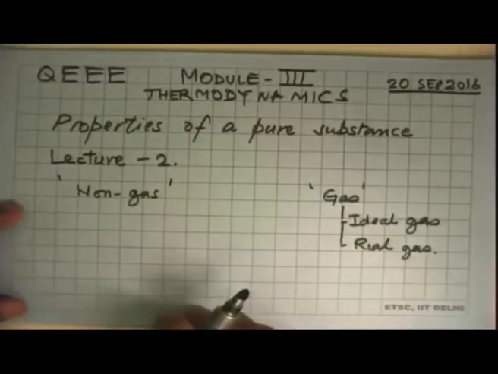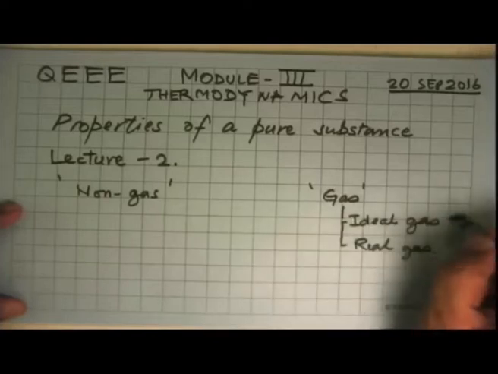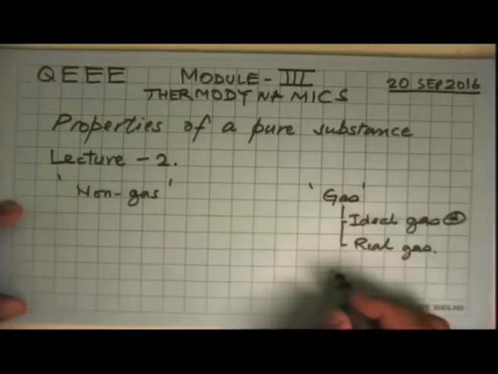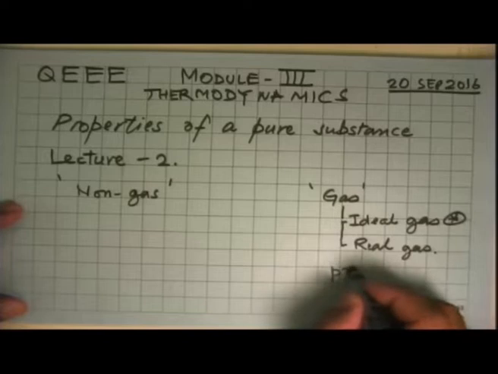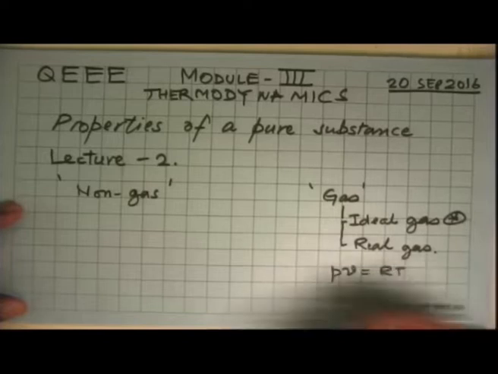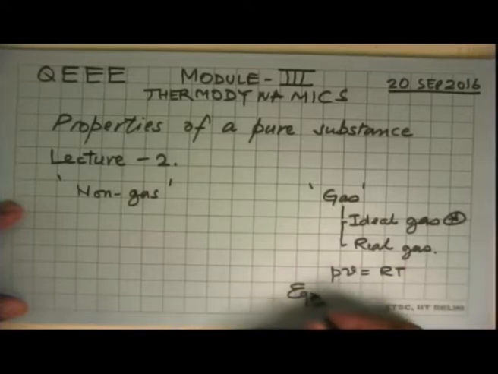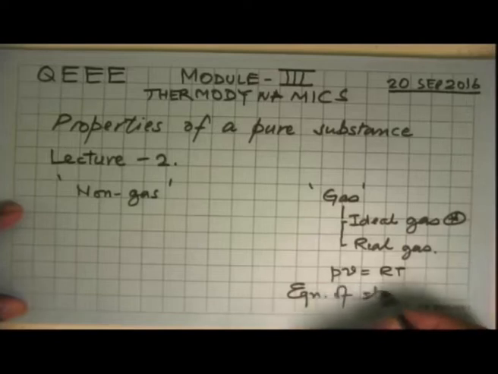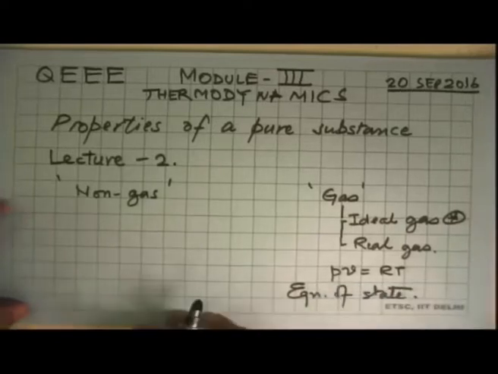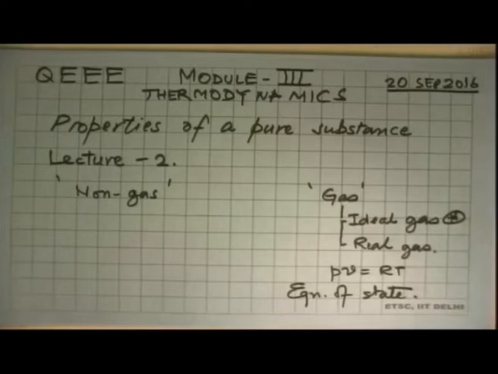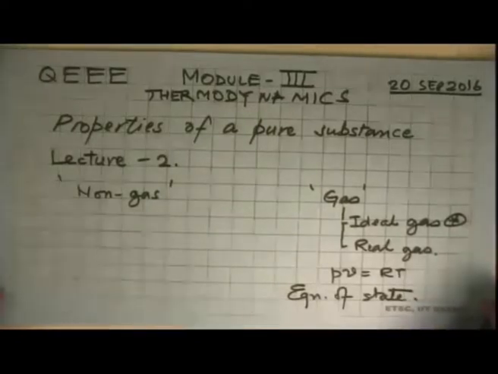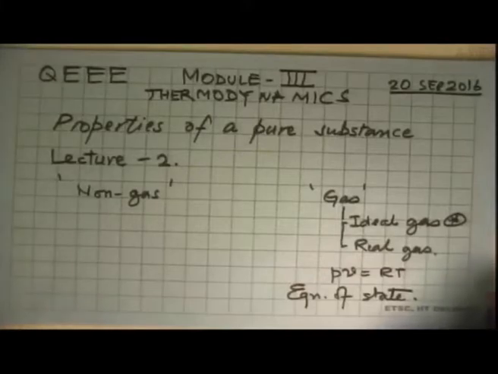This is the easiest thing to work with in thermodynamics, as the equation of state is very simple, and that is the central idea of all this discussion on properties of a substance: how can I get all the properties for a given state if I have one, two, or minimum two independent properties specified.